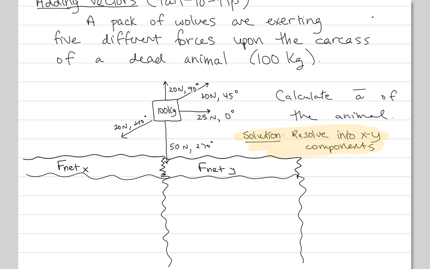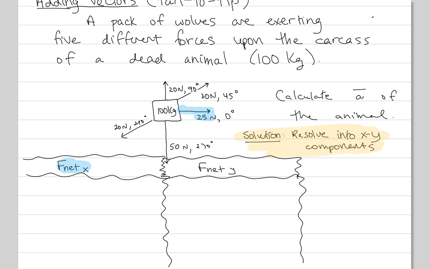Now some of these force vectors are really easy to establish right off the bat. Which ones are really easy in x? There's only one that's superbly easy for x. Which one? The 25 newtons east. That one is so easy, just jot it down.